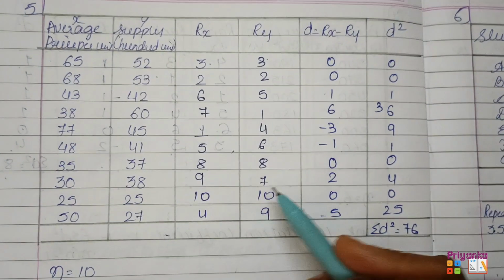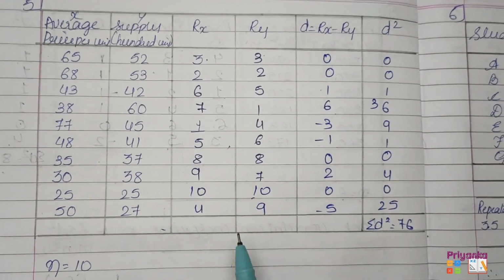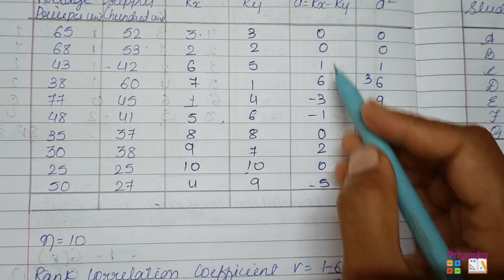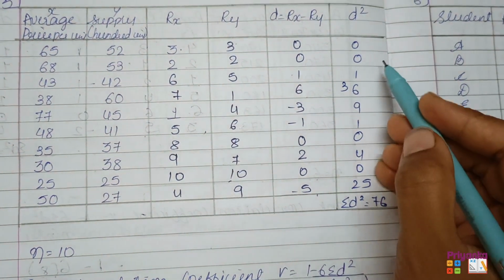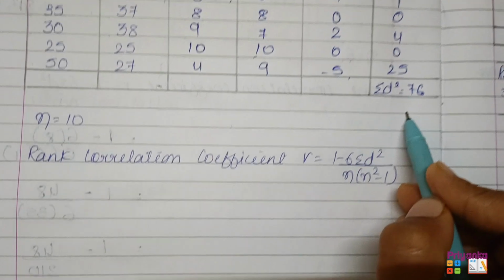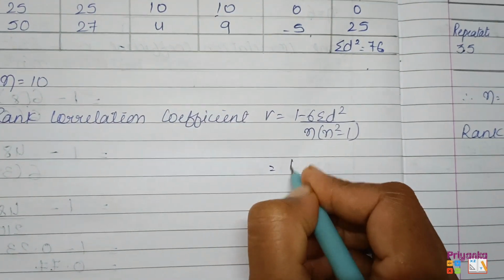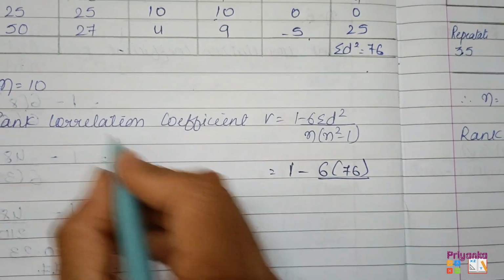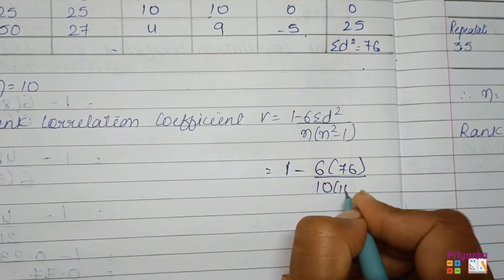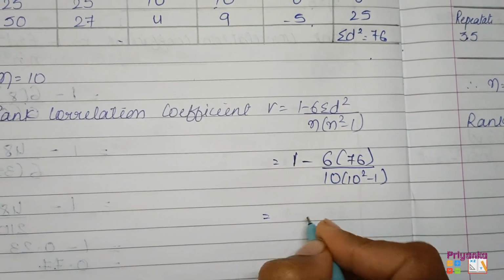After finding rank, the process is same which we have done in question number 4 as well. Then after subtracting R_x minus R_y, here we found d, and then we take d square and get the total of this to put into the formula. That is 1 minus 6, sigma d square is 76, n is 10, 10 square minus 1.